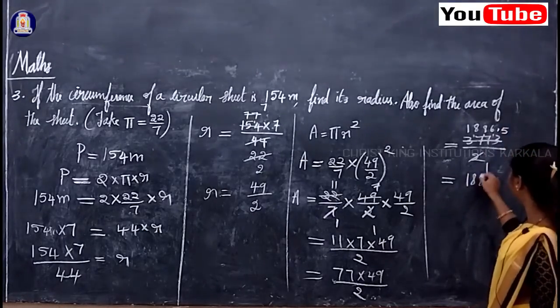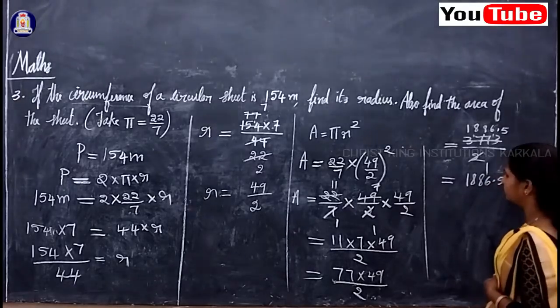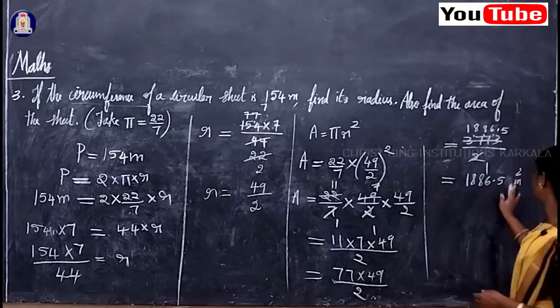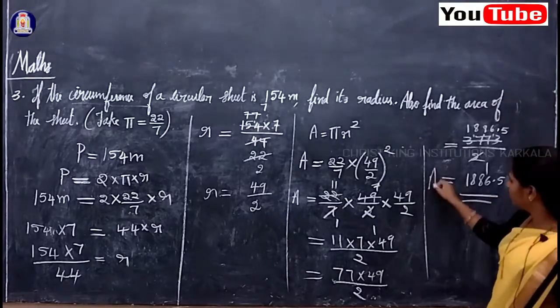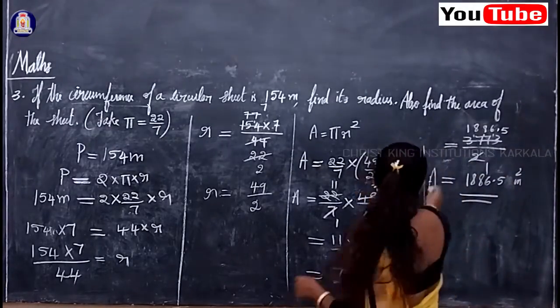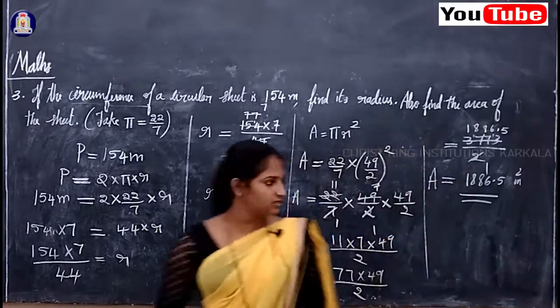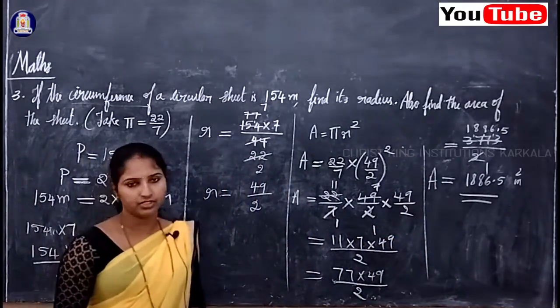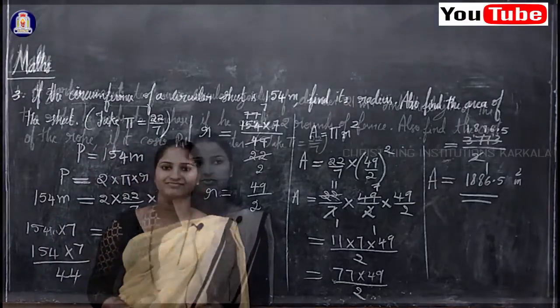So 1886.5. Question is in meter, sorry, so this is meter square. So this is the area of the circular sheet: 1886.5 meter square.